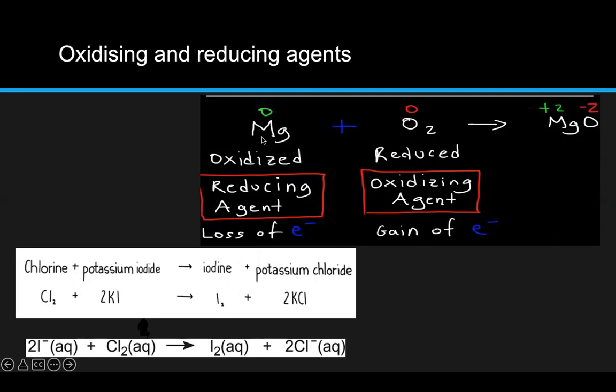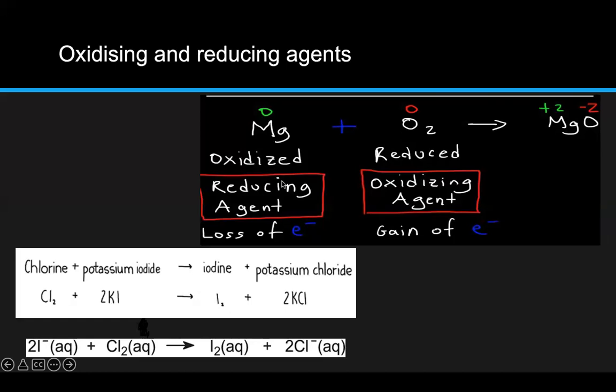So we can see that when Mg and O2 are in their pure elemental form, they have a charge of 0, and once they're in the ionic compound, Mg has a charge of +2 and O has a charge of -2. So Mg has lost electrons, it has become more positive, and O2 has gained electrons as it has become more negative, and so it got reduced.